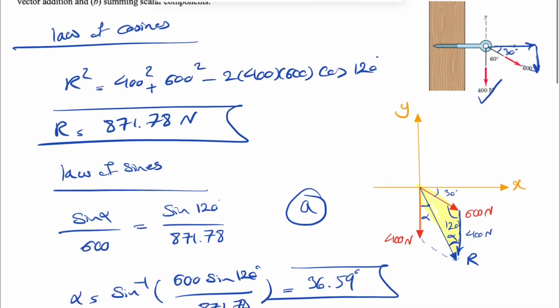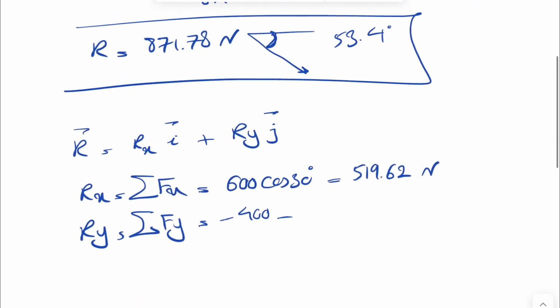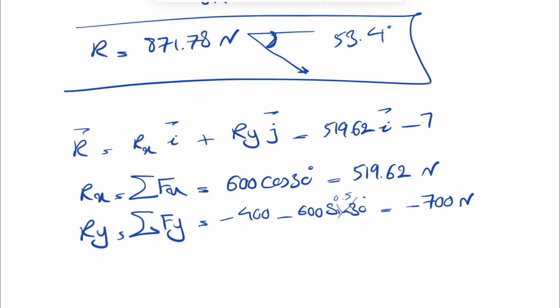It will be negative since it's downward, so minus 600 this time sine of 30. Sine of 30 is 0.5, so it's going to be 400 plus 300, which is 700, so negative 700 newtons. So that's going to be our resultant vector, 519.62 i minus 700 j. The unit would be in newtons.